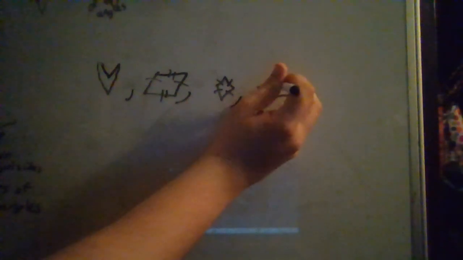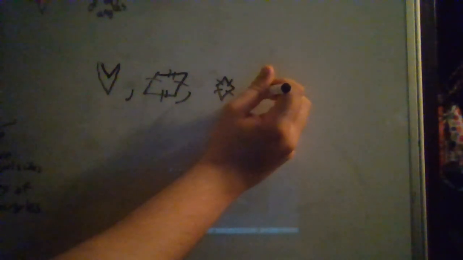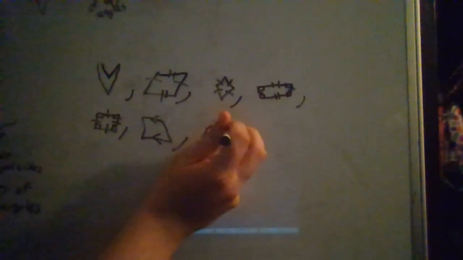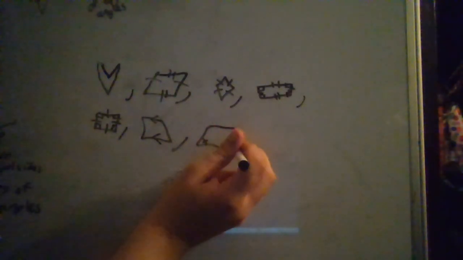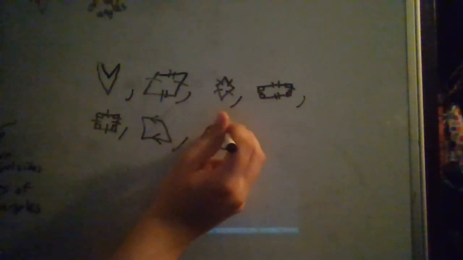the rhombus, the rectangle, the square, which I moved down here, the trapezoid, the isosceles trapezoid, and the kite.